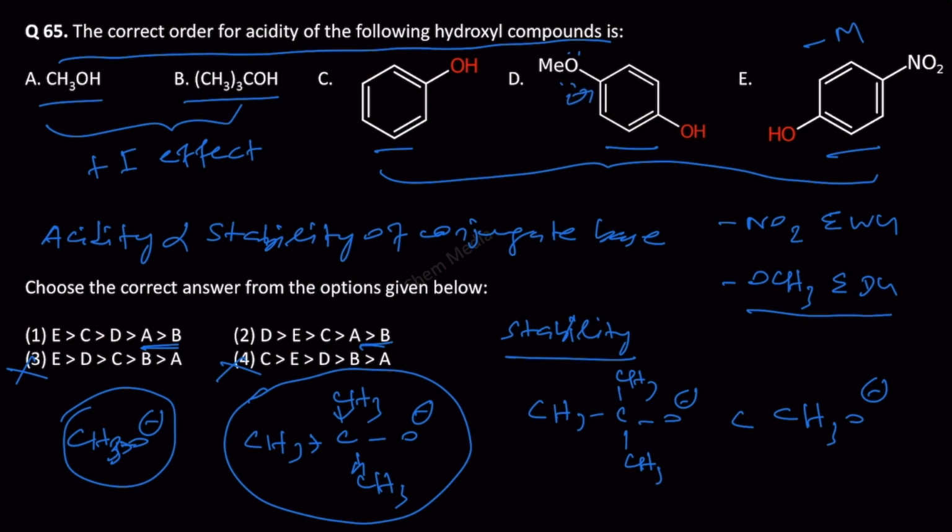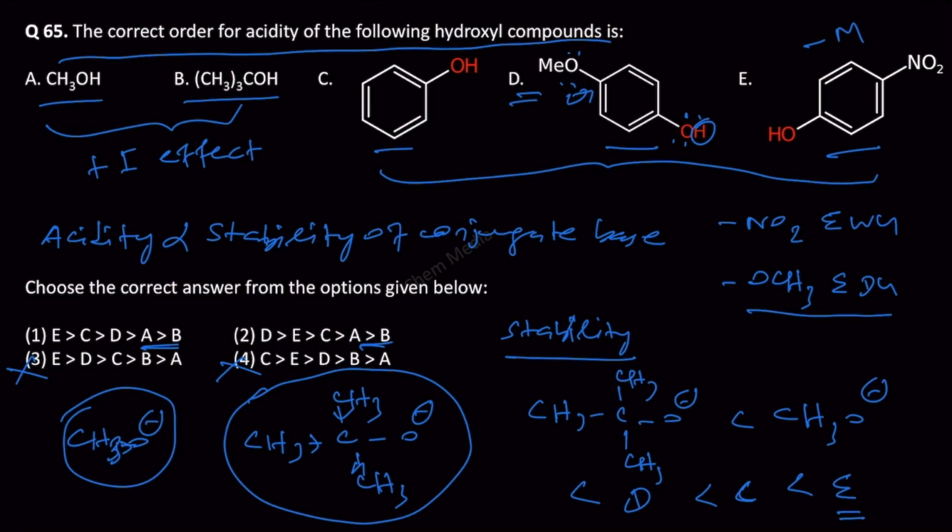So that means that can donate the electron, that is not pulling away the electrons that are here once the proton is left. So which means that the next one should be D. I am talking about the stability order of the conjugate base, and then C, the phenoxide ion, and then E. So we have to see in the reverse way now.